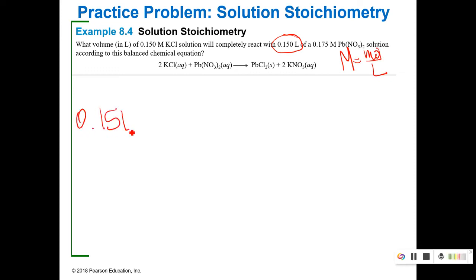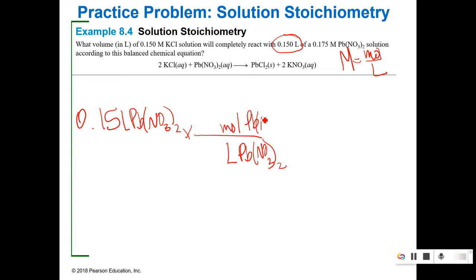So I've got 0.15 liters of lead 2 nitrate, actually. So remember, liters of lead 2 nitrate has to go at the bottom. And moles is on top because this is molarity. Okay, they gave us the molarity is 0.175.